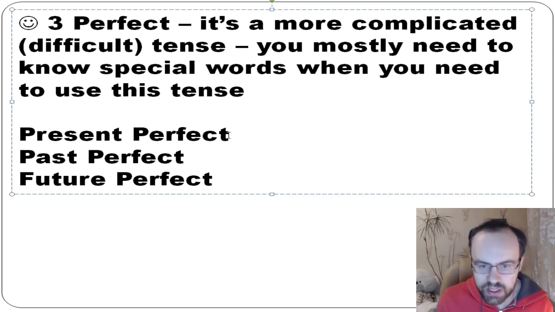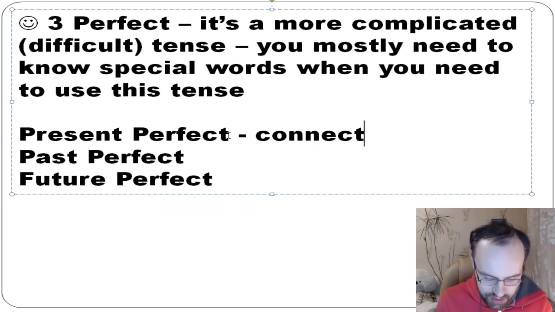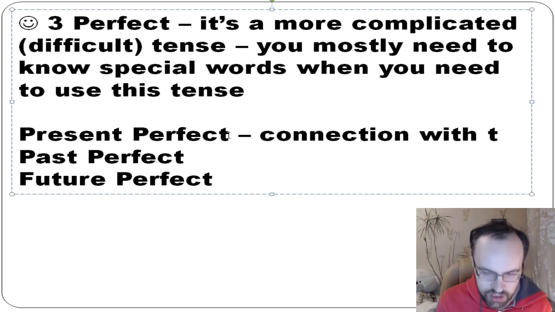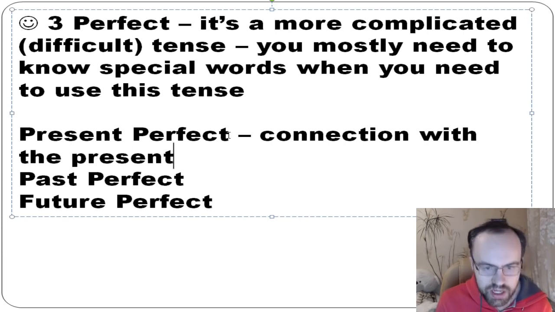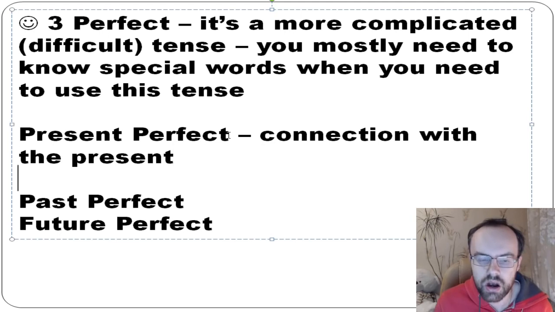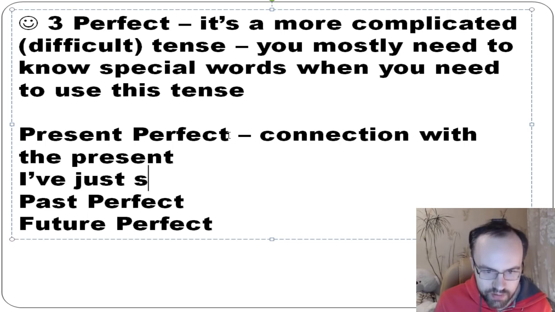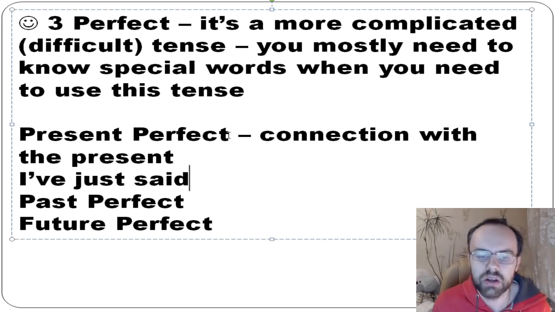So the meaning is that there is a connection with the present. It's the most important thing. For example, I just said it. I've just said it. So just means not a long time ago.